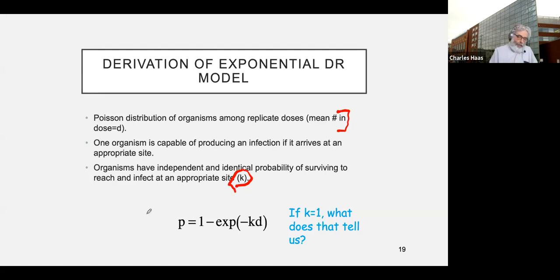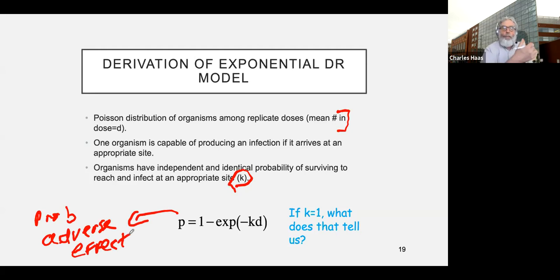So the exponential distribution is the probability of adverse effect. Or you can look at this as the proportion of individuals who get that average dose who will experience the adverse effect as a function of the average dose, given that dose response parameter K, which is the probability of surviving.